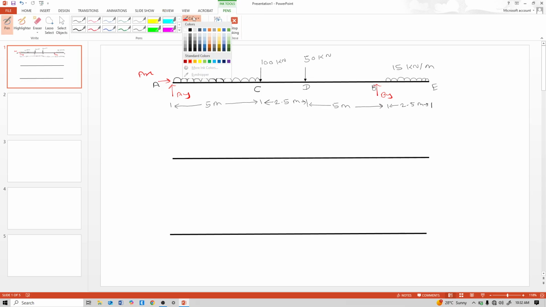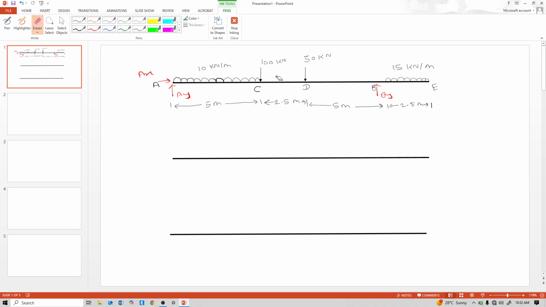Before that, understand the deflection of this beam. This beam deflects like this. That means for that B portion, it is like this, and for A to B portion, it is downward. Think this deflection shape is like this.